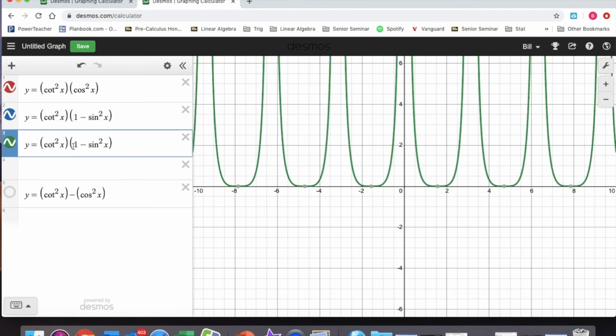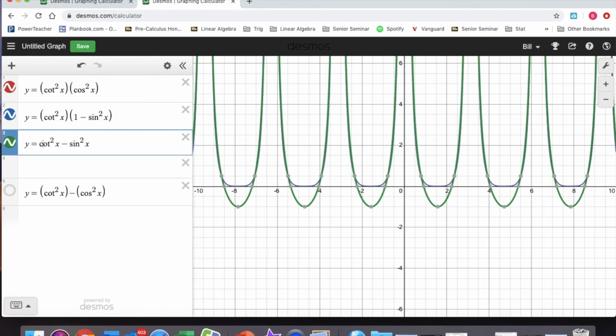In my next step, I need another idea, another algebraic idea. And I think the first thing that comes to mind for most people would be, hey, you should distribute this thing. Why don't you distribute cotan squared through to each of the terms? Cotan squared multiplied by 1, cotan squared multiplied by sine squared. So I'll try that here.